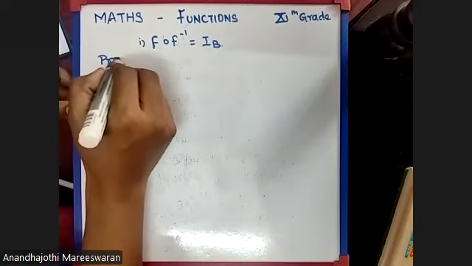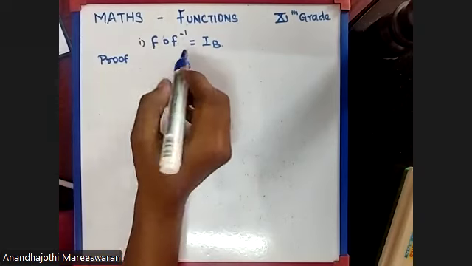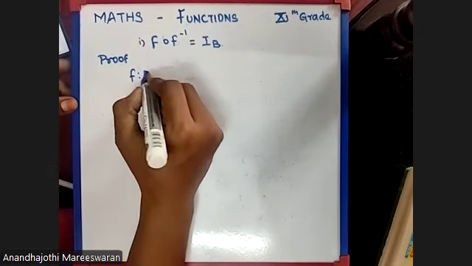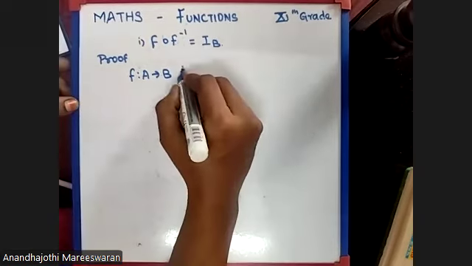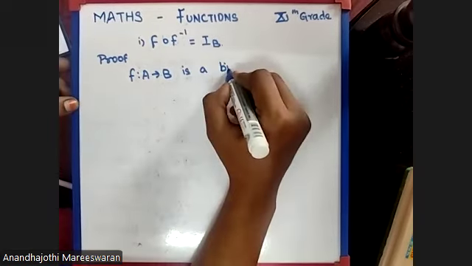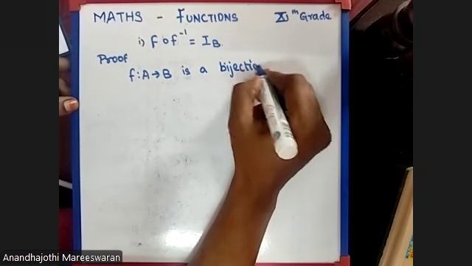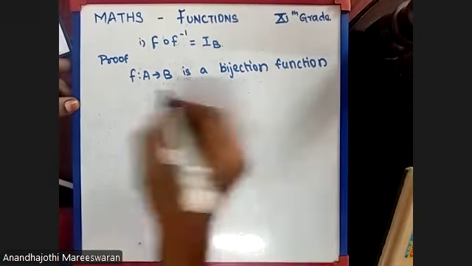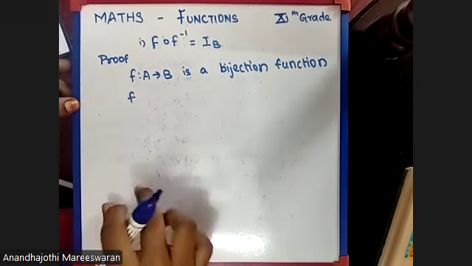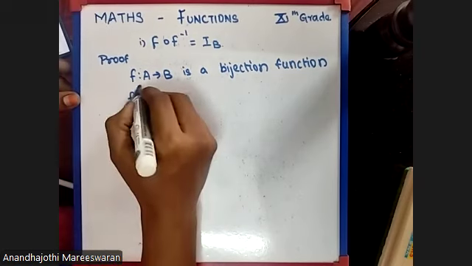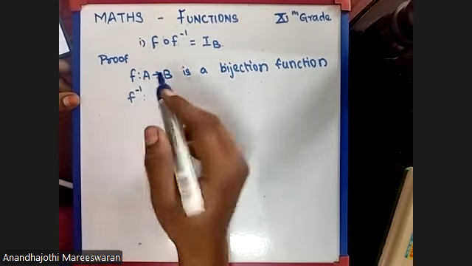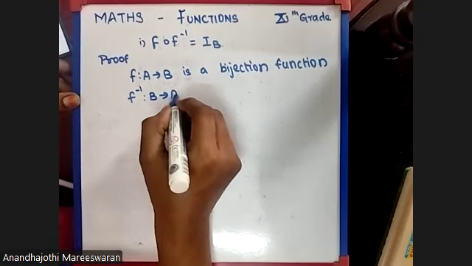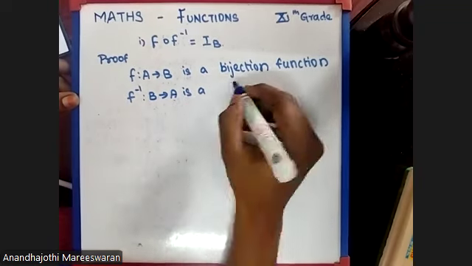Proof. First, f maps A to B is a function. It's a bijection function. If f inverse means the function will be reverse maps, so f inverse maps B to A is a bijection function.